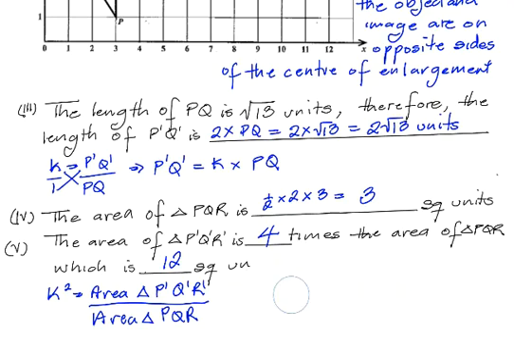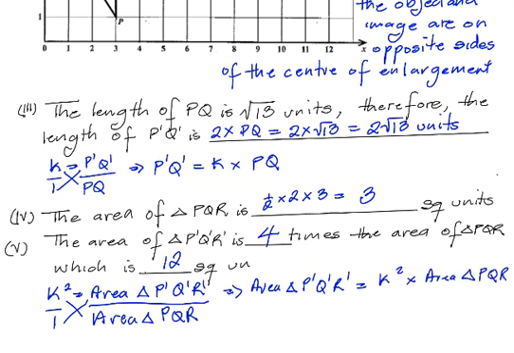Or let's change this up a little and come from here. Put this over 1, and if I have one fraction equal to one fraction, I would cross multiply. So the area of triangle P'Q'R' is equal to K squared times the area of triangle PQR, so 2 squared multiplied by 3.